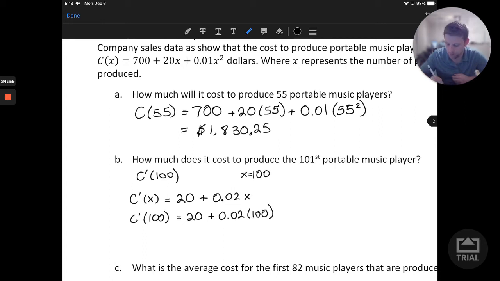And we can say that's going to be 20 plus 2, which is going to be $22 per item. So that's the rate of change at which the cost is changing right then and there. And so since the total cost is changing at that rate, we can consider that's an approximate cost to produce that next item.